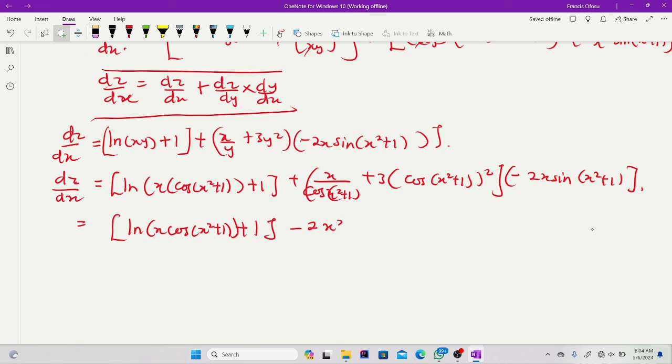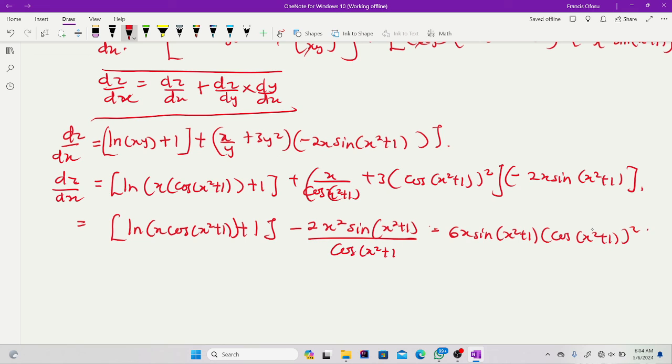So minus 2x squared sine of x squared plus 1 all over cosine of x squared plus 1. Then here, I'll come here. I'll have plus, so minus 6x sine of x squared plus 1 multiplying cosine of x squared plus 1 all squared. So this gives me my derivative with respect to x when I am differentiating my z.